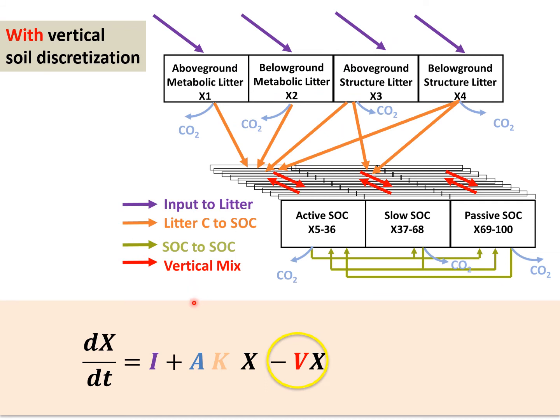Next, I'm going to explain a little bit more on this model with vertical soil layers. Now there is one more matrix, the vertical transfer matrix, the V matrix here. The X matrix, the K and I are generally constructed in the same way as we did earlier.